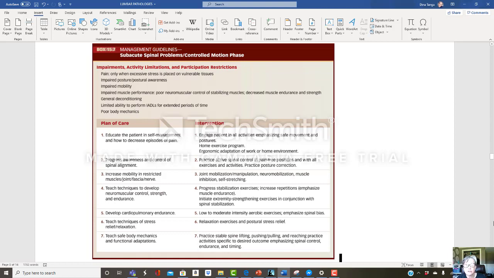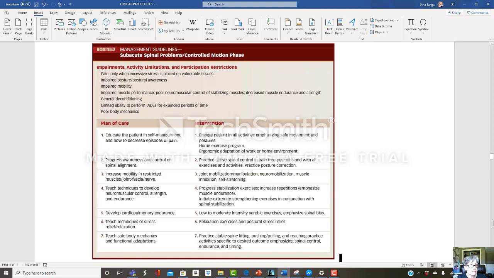Practice active spinal control in pain-free positions and with all exercises and activities. Practice posture correction. Increase mobility in restricted muscles, joint, fascia, and nerve. Joint mobilizations and manipulation, neuromobilization, muscle inhibition, and self-stretching.